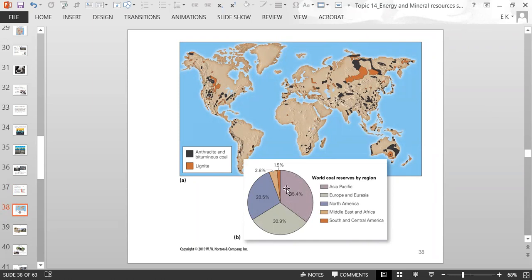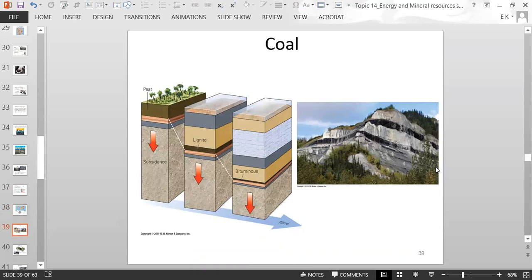So we have a lot of coal reserves in the Asia Pacific area, Europe and Eurasia, and North America. Those are where most of our coal reserves are. And that makes sense as to why we use coal burning power plants in the US. It's because we have coal. It's pretty available. Coal is also very cheap.